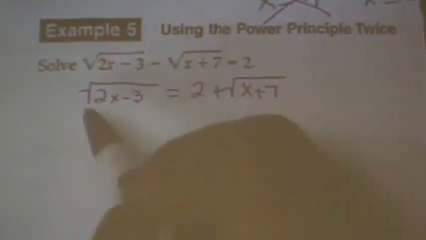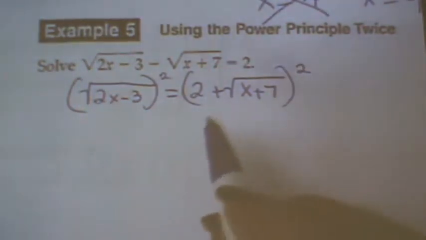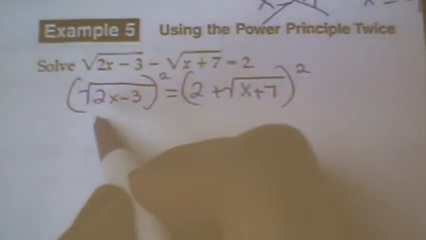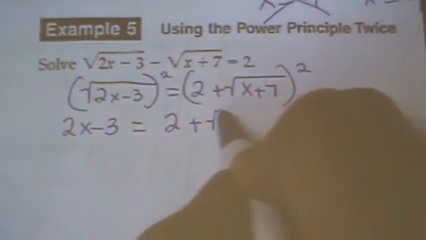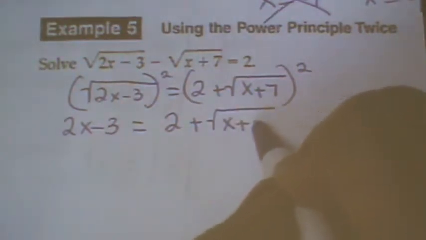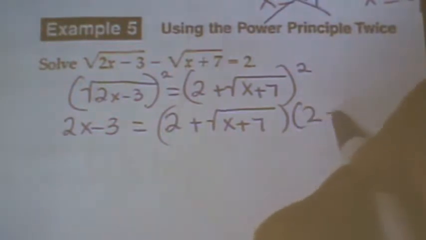Now, when you square both sides, see if you know what you get here. On the left, it's easy, 2x minus 3. But on the right, you have two binomials that are 2 plus root x plus 7. So I'm going to write it out.